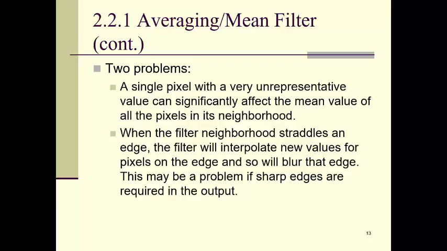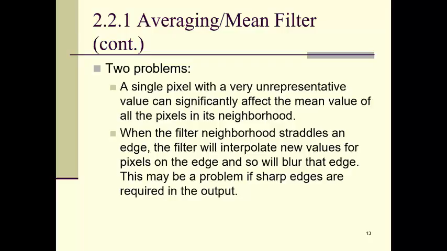And this pixel is noisy, and it has the value 150. Okay? If I add this pixel and get the average, and replace this pixel by the result of the average, of course this value will be changed a lot. It may jump, for example, from 20 up to 40, which is double the value. Okay? So this is one of the problems here. A single pixel with a very unrepresentative value can significantly affect the mean value of all pixels in its neighborhood.